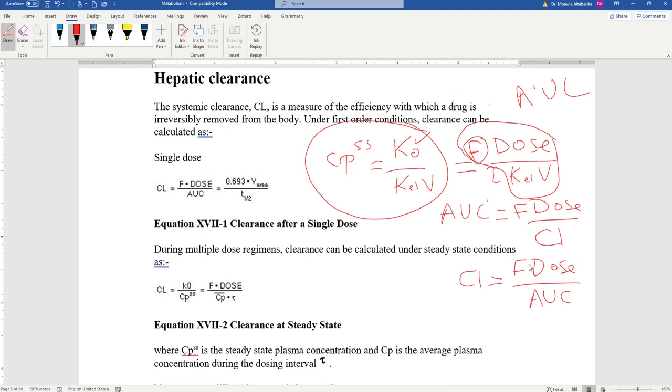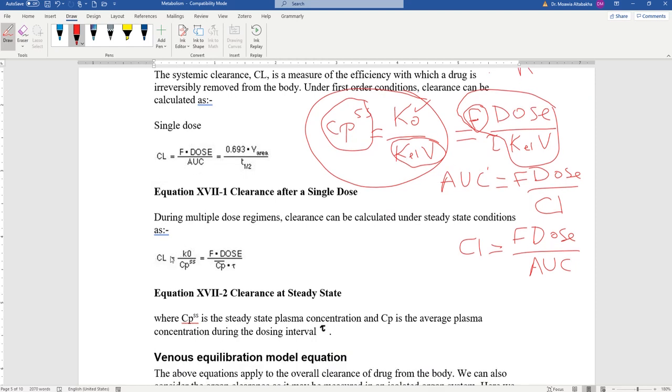Of course, if I'm dealing with intravascular, F will be 1, so I can remove it in this case. طيب, now I know certain equations, and in these equations you have clearance, okay? And we talked about the target that we want, اللي هو CPSS, and as you have seen, it's related to clearance, okay?